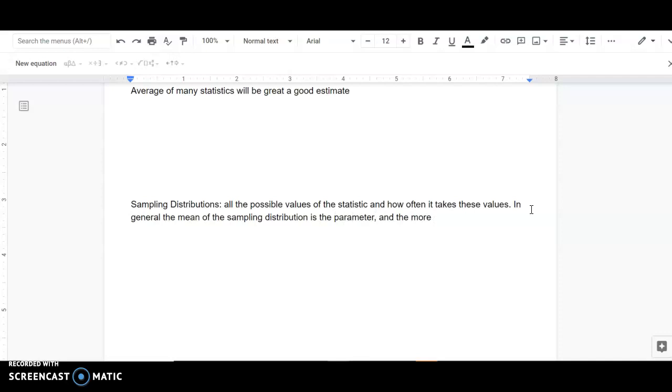And the more in each group, or each sample, the less sampling variability we see. Because remember, with the 100, it was much more compact than it was with the 20. So that's what we like to see.